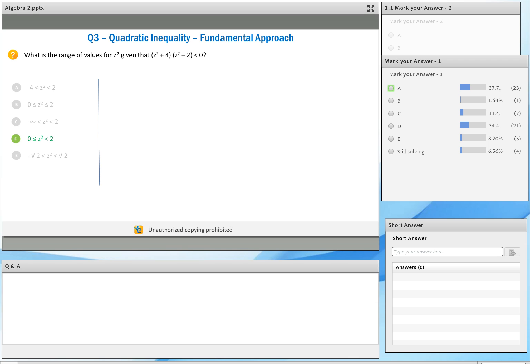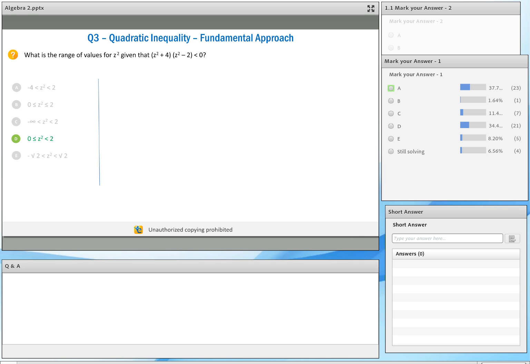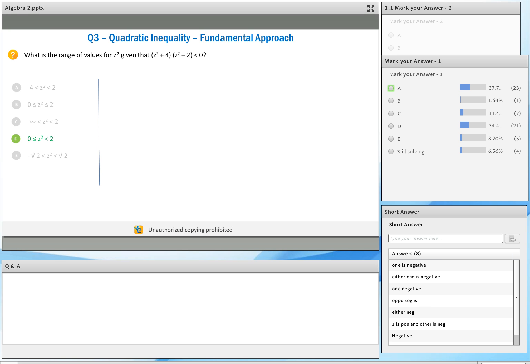So fundamentally, what is it that the question is asking you to do? Product of two numbers is less than 0, right? So when is the product of two numbers less than 0? When one is negative and the other is positive. Absolutely.